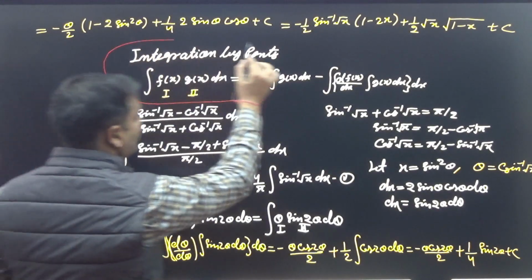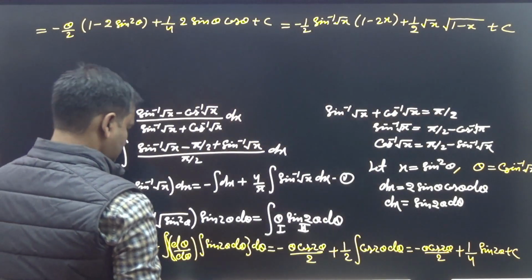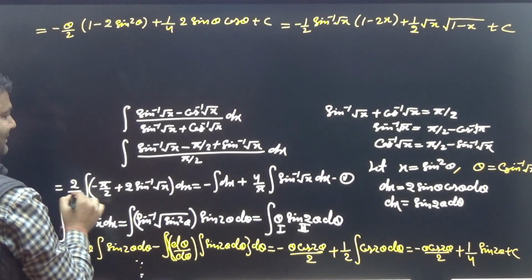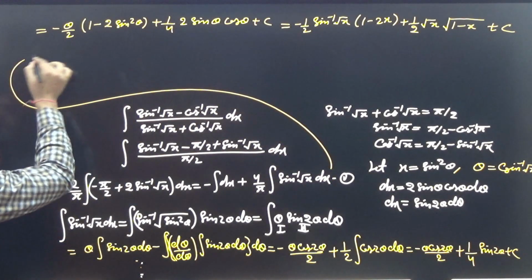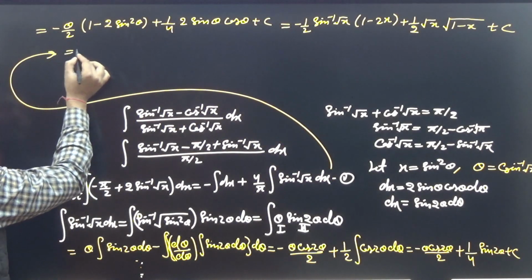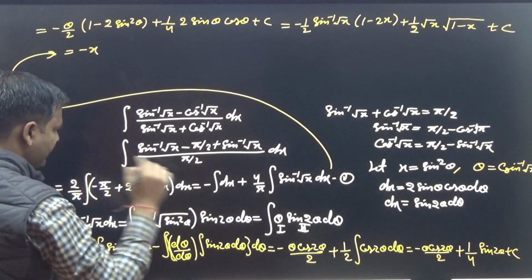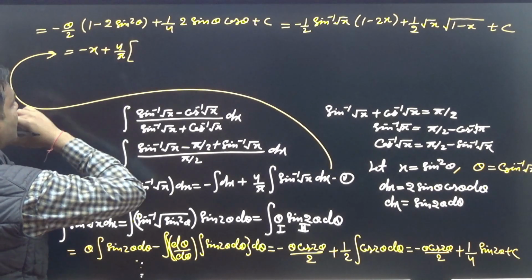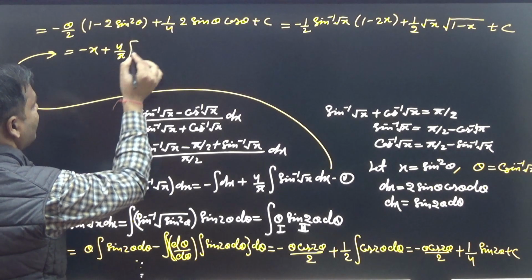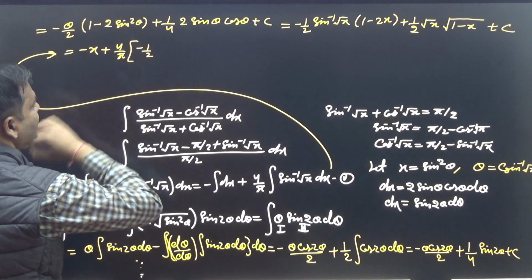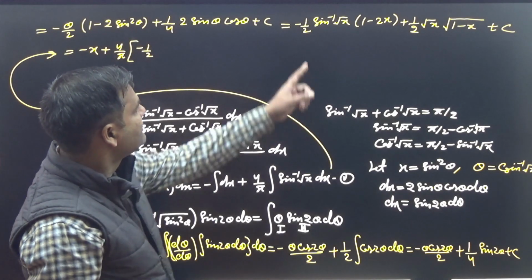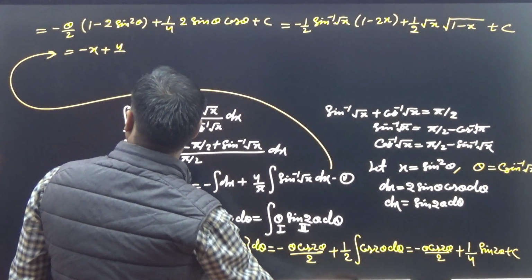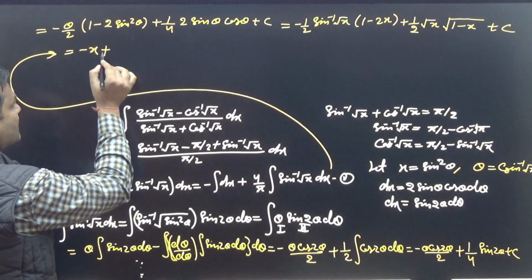So if we remove this, the final answer is how much? x plus 4 by pi times, in brackets, minus half; otherwise you can take half common.